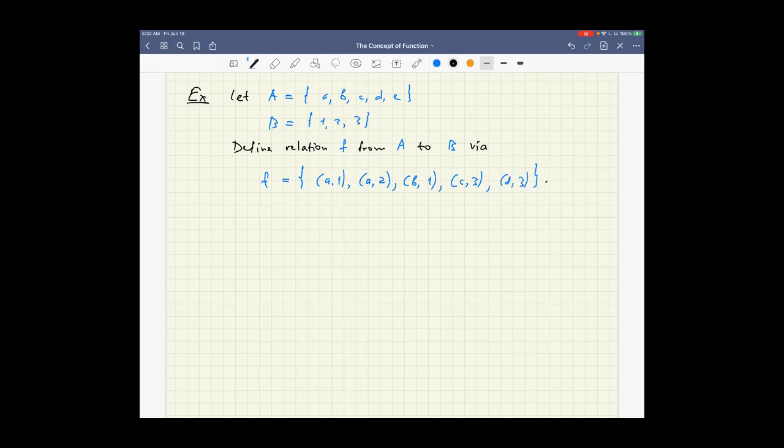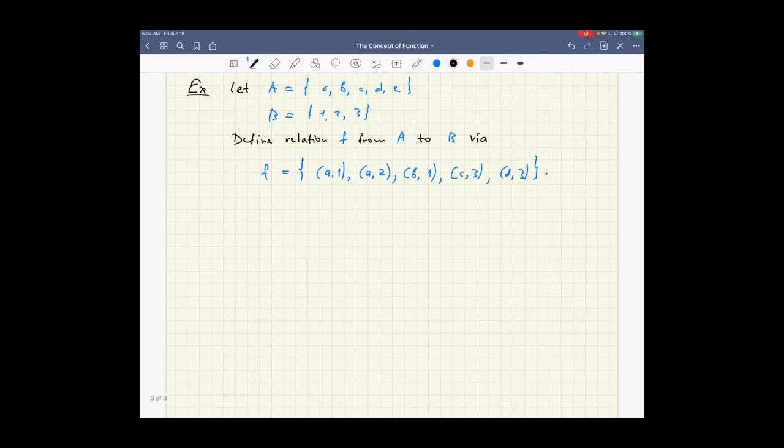We see immediately that f is not a function. Why is that? Why is f not a function from A to B?